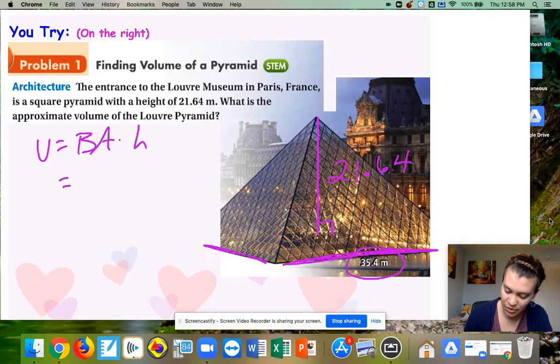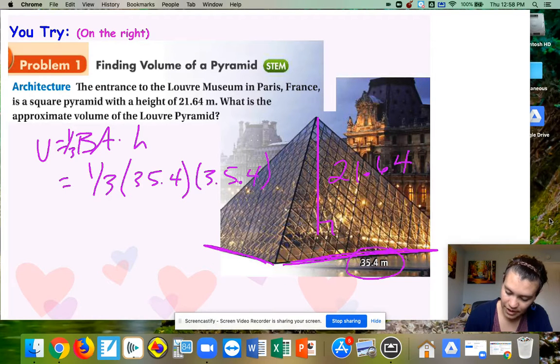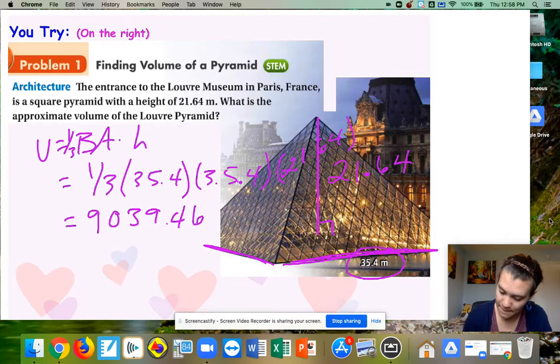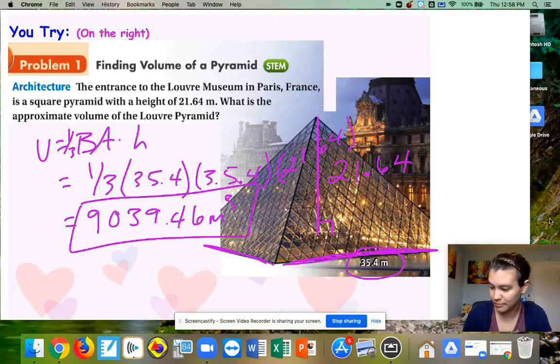Since the base is a square, we get 2 of the same: 1/3 times 35.4 times 35.4, and then times the height of 21.64. Multiply all of that out, and you should get 9,039.46 meters cubed for your volume.